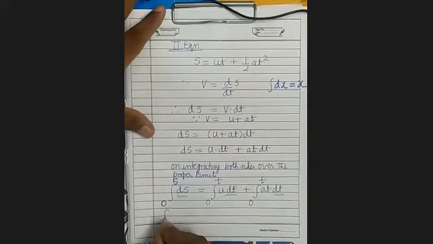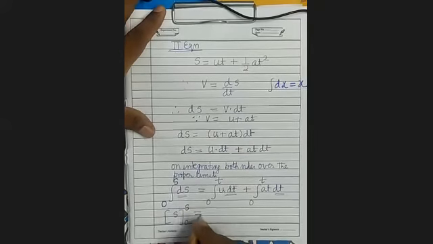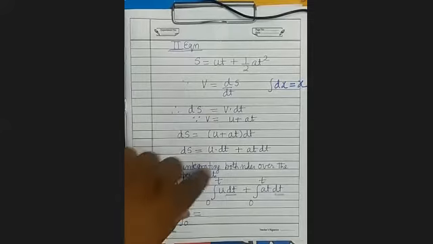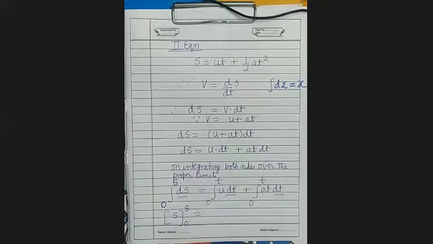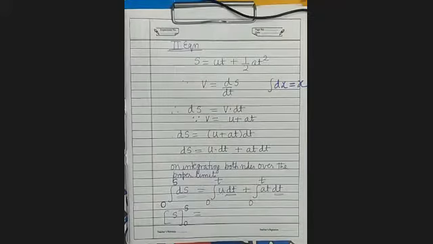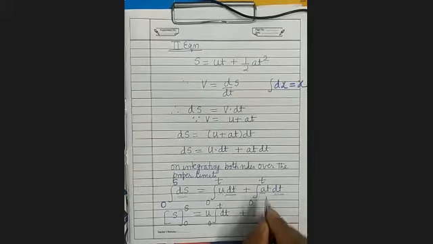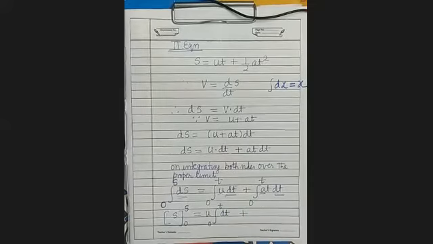Integral ds will be s, limit from 0 to s, equals, you can take out u, because this is the initial velocity, a constant term. So it is u integral 0 to t dt plus, here also you take out a common, because a is constant acceleration.